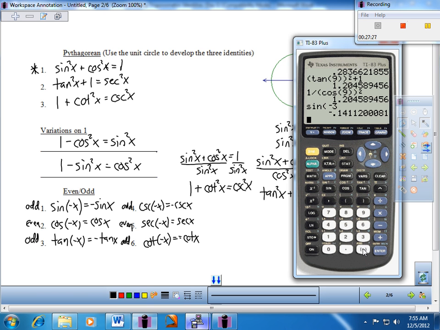And then what I'm going to do, everybody, is the opposite, sine of 3. And as you can see, I get the same answer. So taking the sine of the opposite input is the same as the opposite of the output. And let's do cosine. Do the same input, what the heck. This one is basically saying that the cosine of negative 3 is actually the same as the cosine of 3. Let's take a look.